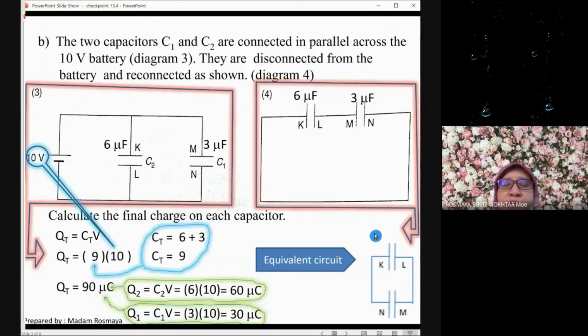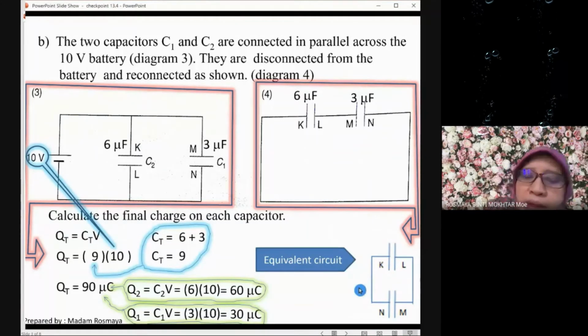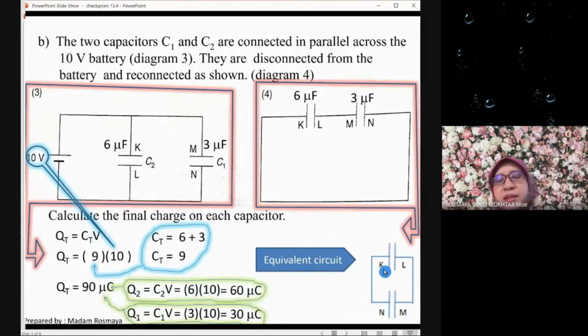But if you refer to the second circuit, you can see clearly how the two capacitors are arranged in parallel. I repeat, the two capacitors are arranged in parallel. So the second equivalent circuit is clearer to see.